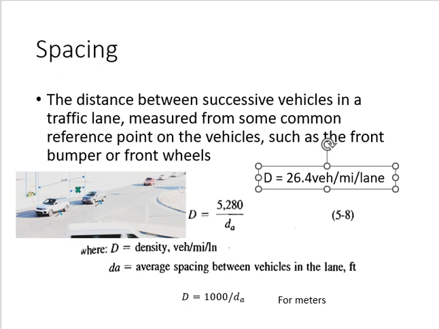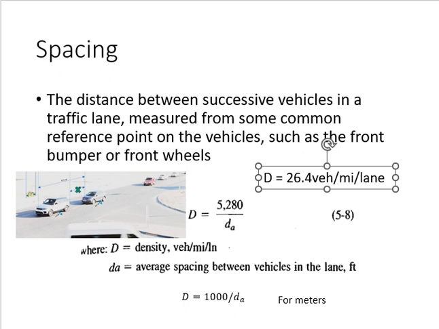So how do I know it's per lane? Because it's spacing. Average or not average, that's not the point. Spacing is between two vehicles in one lane. You cannot measure between two lanes, right?